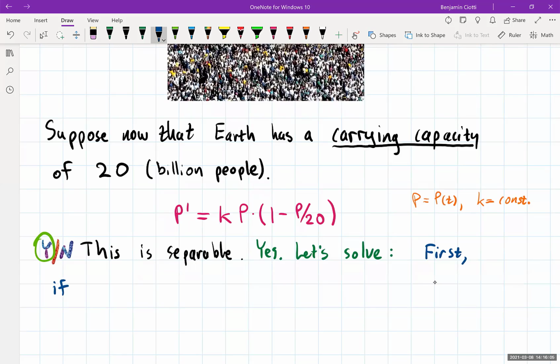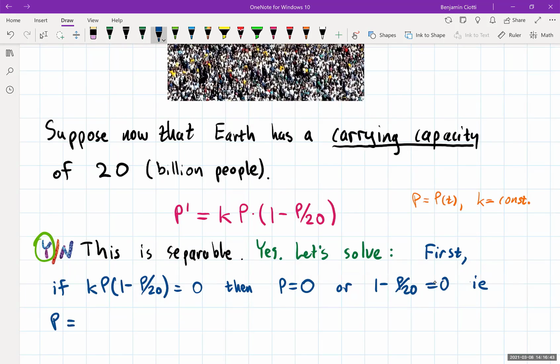If K times P times (1 minus P over 20) is 0, then we get two solutions, right? Either P is 0, which is a constant, or 1 minus P over 20 is 0, i.e. P is equal to 20.